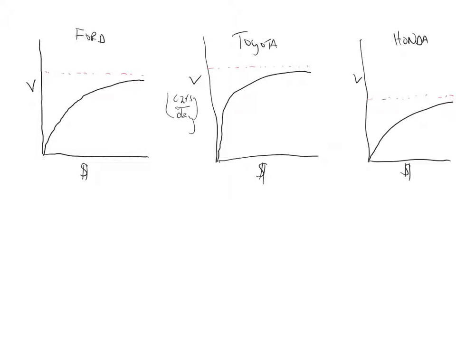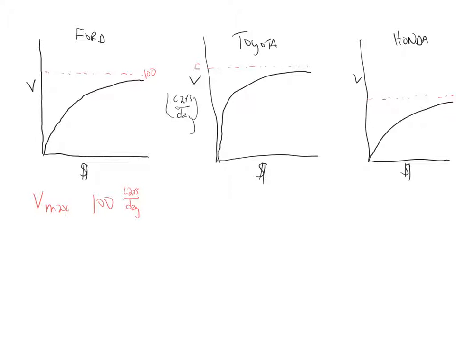Okay, so I'm going to try to keep numbers where I can do it mainly in my head. So we'll say that for Ford, it's 100, so that's our Vmax. So Vmax for Ford was 100 cars per day. Toyota, this is going to be a different scale, but let's say that perhaps Toyota can do only 50.